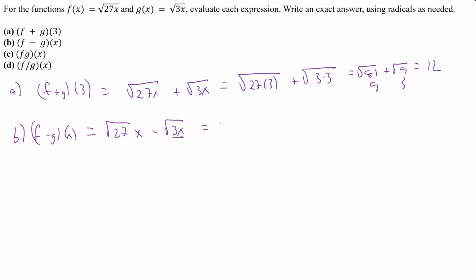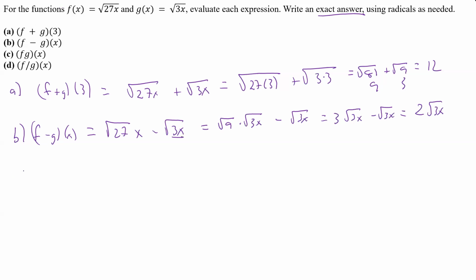Here, remember, that's going to be the square root of 9 times the square root of 3x, because 9 times 3 is 27. And then we have minus the square root of 3x. So really, the square root of 9 is 3, so we have 3 square root of 3x minus square root of 3x. So that's 2 square root of 3x. And they want it as an exact answer, and so that's going to be our value.